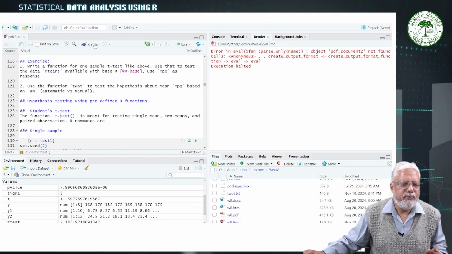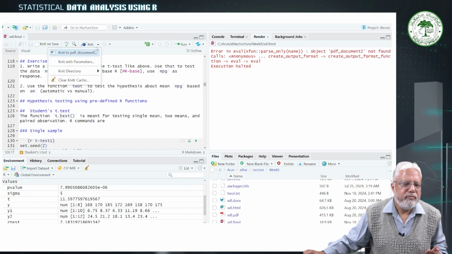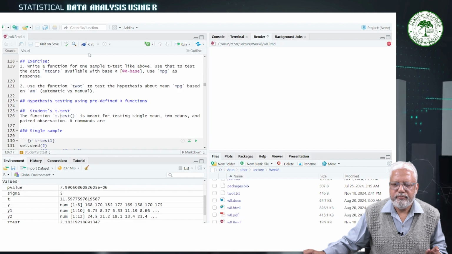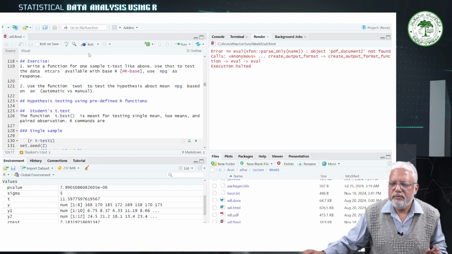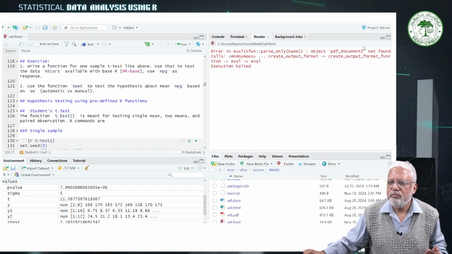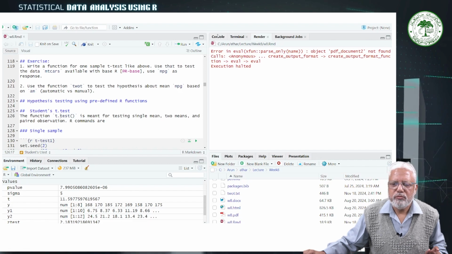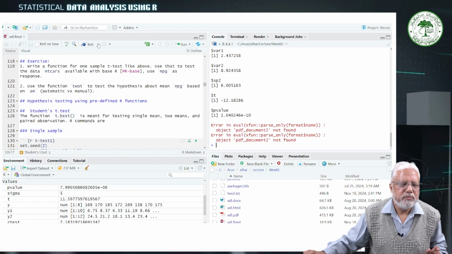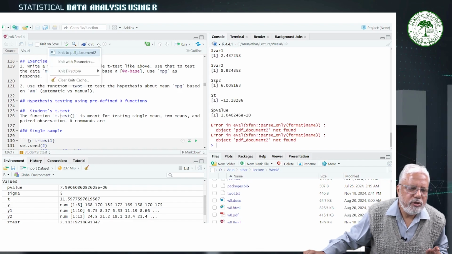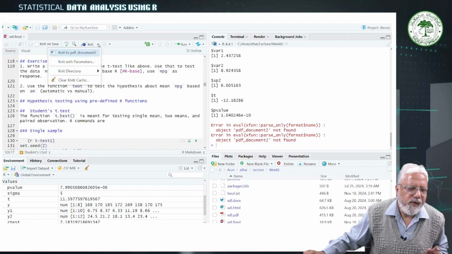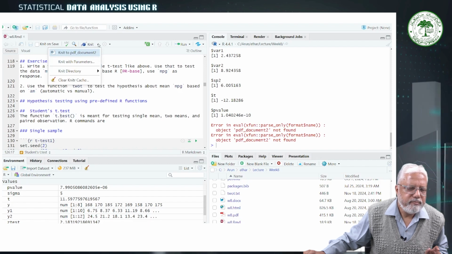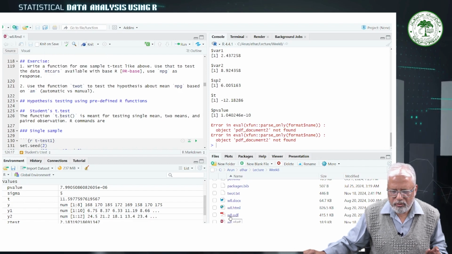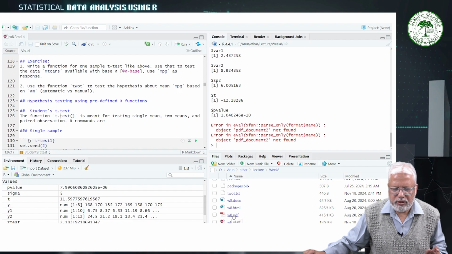Now I have to run this knit to PDF, then only it will run. Knit to PDF document 2. Now there is some problem. Okay, we will talk about these things later.